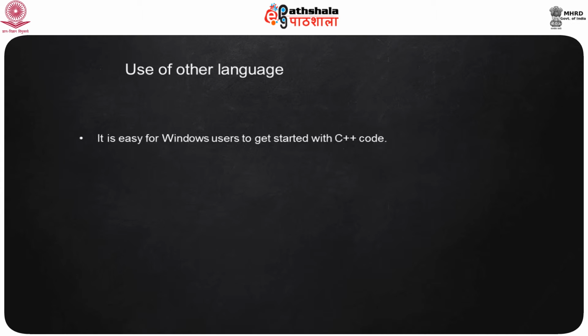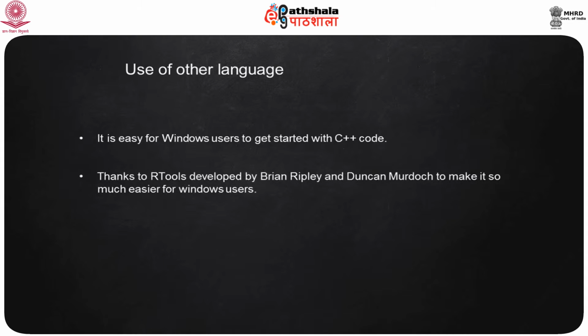It is easy for Windows users to get started with C++ code, thanks to Rtools developed by Brian Ripley and Duncan Murdoch to make it so much easier for Windows users. It provides all necessary development tools including GCC and Make.